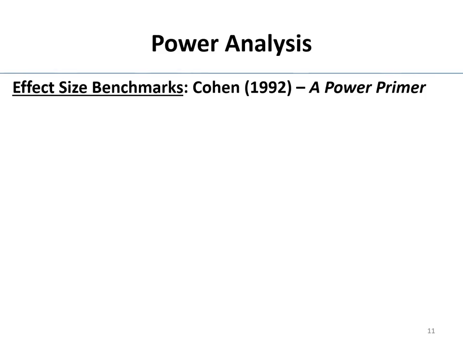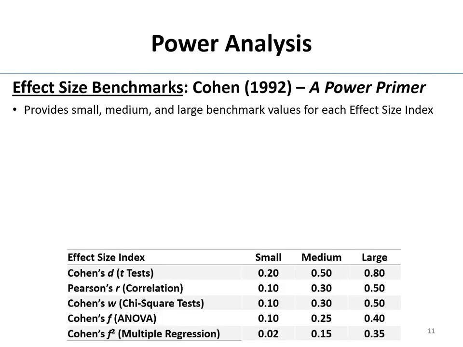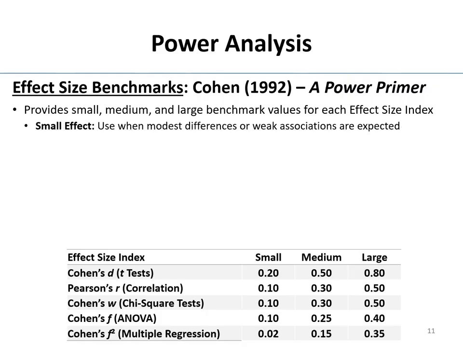What makes this Cohen study so famous is that it included effect size benchmarks that you can use. The study provides small, medium, and large benchmark values for each of the effect size indexes. So you could say this is a small value for a Cohen's d, a medium value for a Cohen's d, or a large value for a Cohen's d, and you can use that in your power analysis.